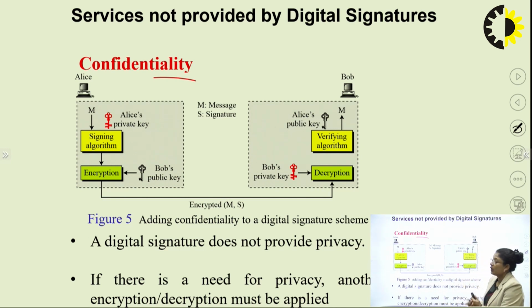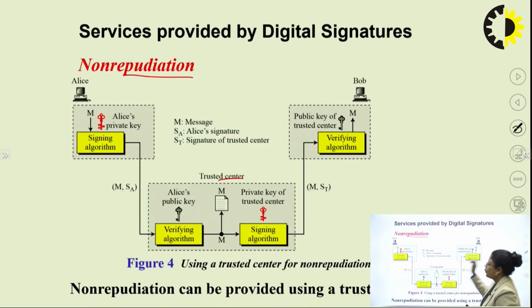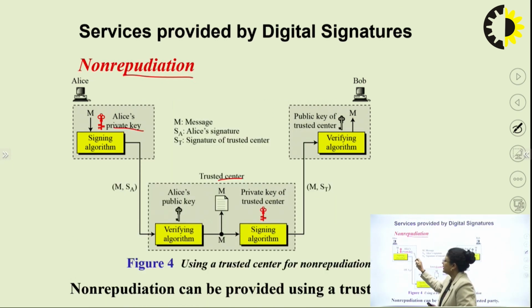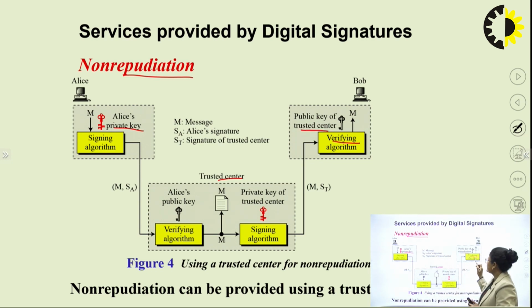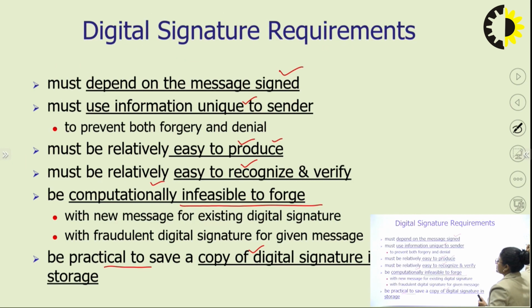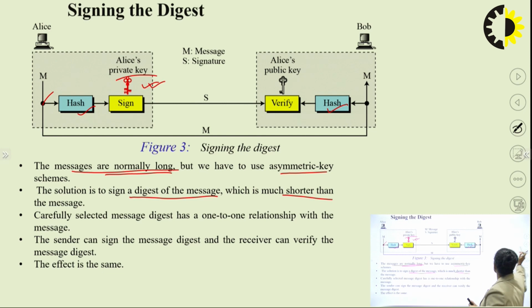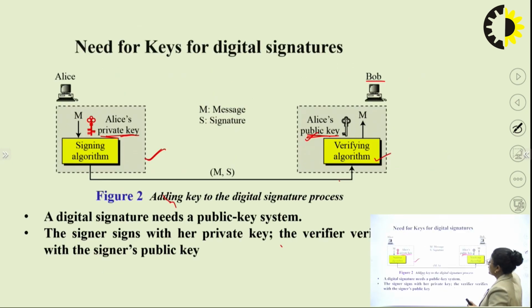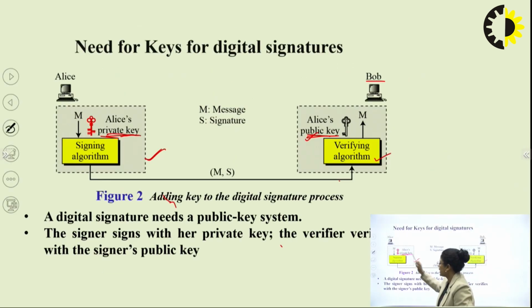The difference is that when we digitally sign a document, the signing is done using the sender's private key, and the verification using the sender's public key.